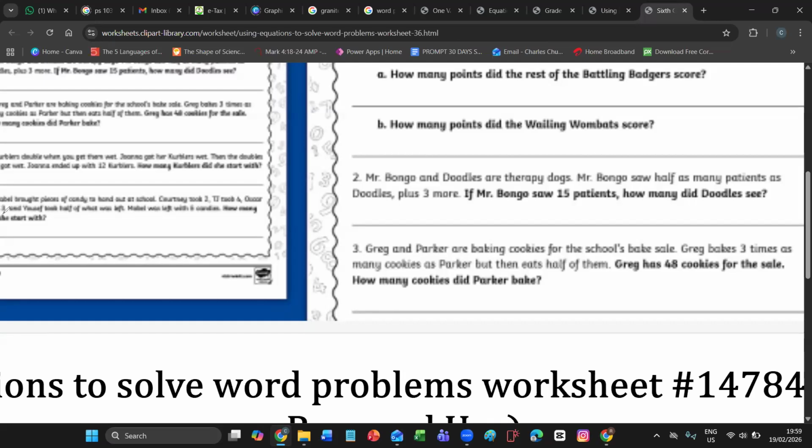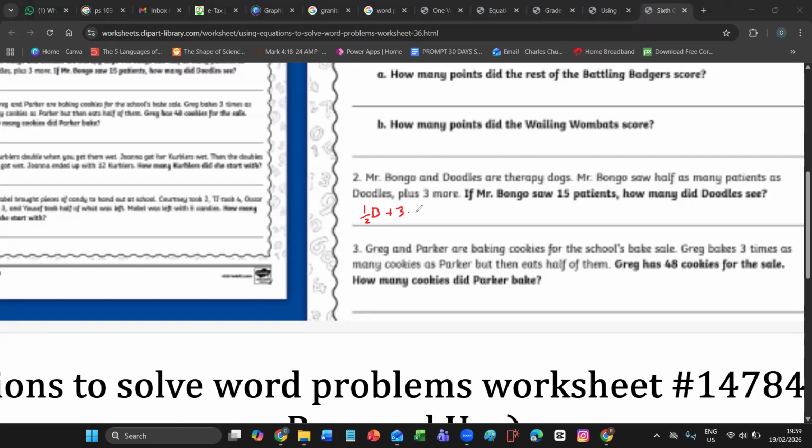Yes, half. Okay, plus Bongo saw 15, right? So half of what? Half of Doodles, right? So I'll say, let's just say half D, plus three more, according to the question, right?